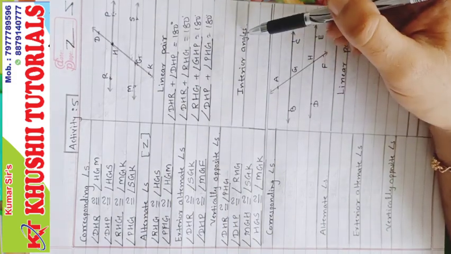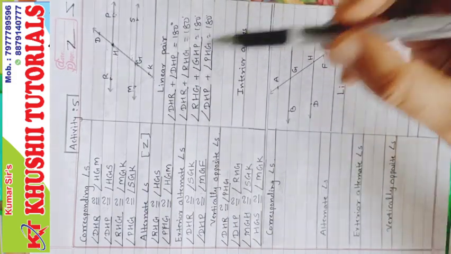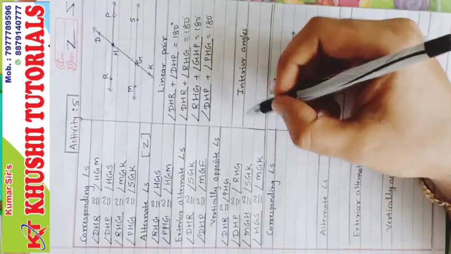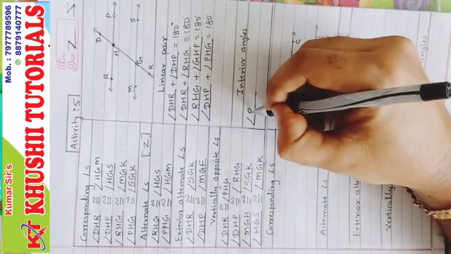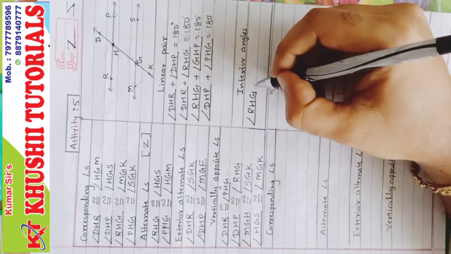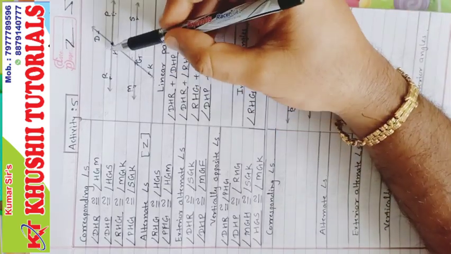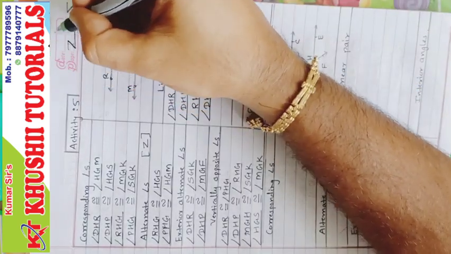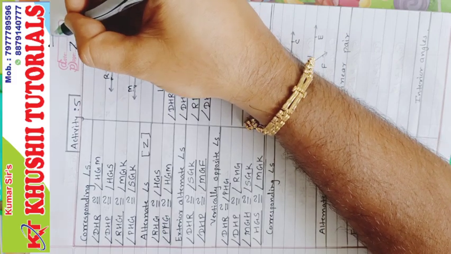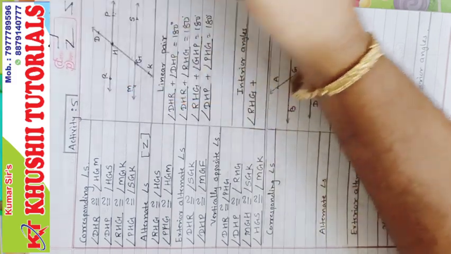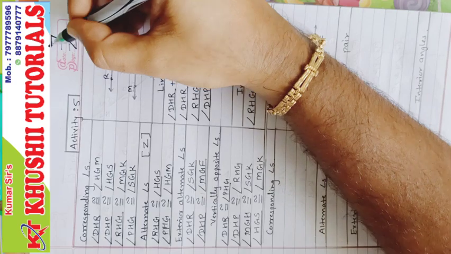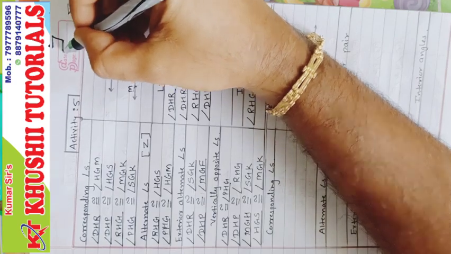Now interior angles. Interior angle means C-shaped angle. How will the C form? It forms like this: first angle, this part repeated, second angle.